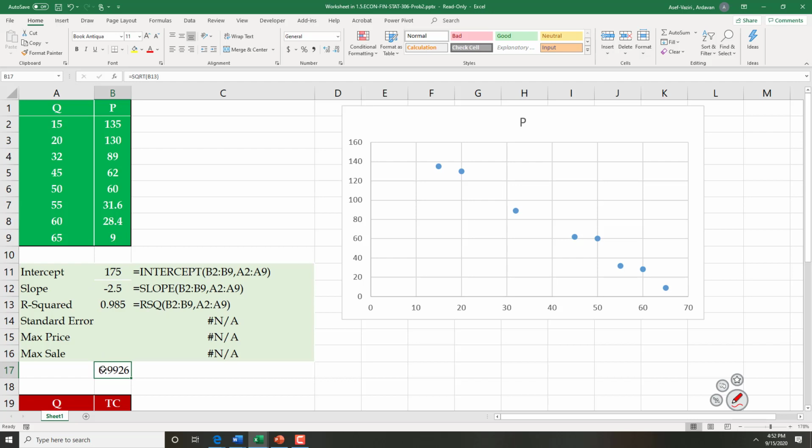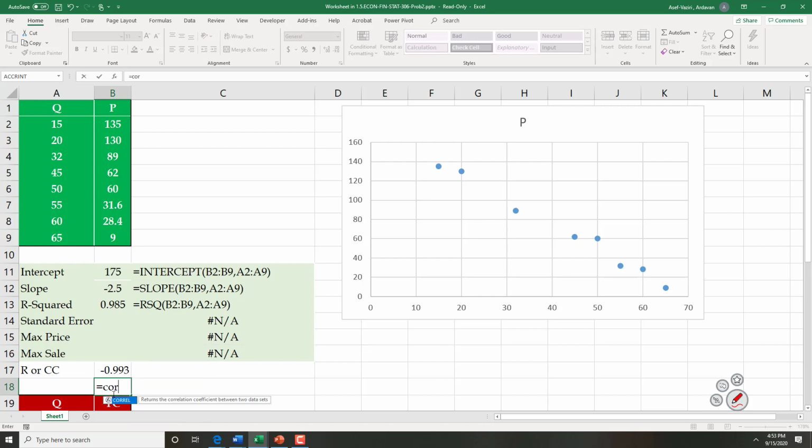So it would be equal to SIGN of this one multiplied by that one, and that is the correlation coefficient, R.